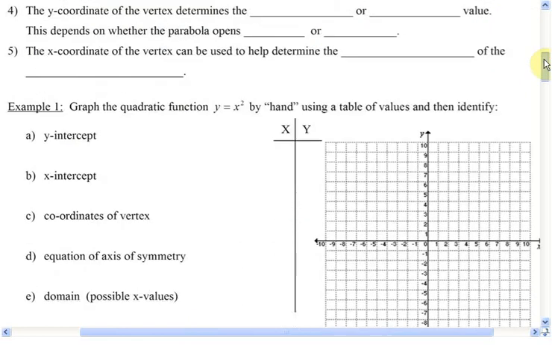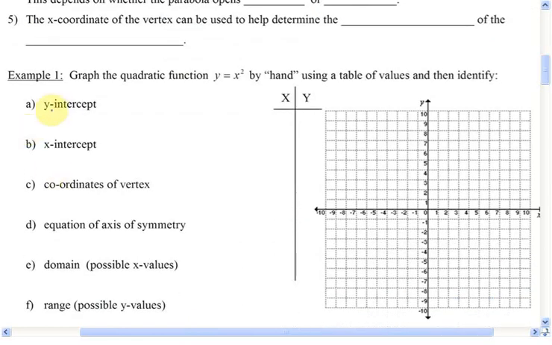Once you've done that, let's see if you can answer these questions on the side. What's the y-intercept, the x-intercept, the coordinates of the vertex, and all this other kind of stuff. To help you out, I'm going to ask you to use these x values. So please write them in. -3, -2, -1, 0, 1, 2, and 3.